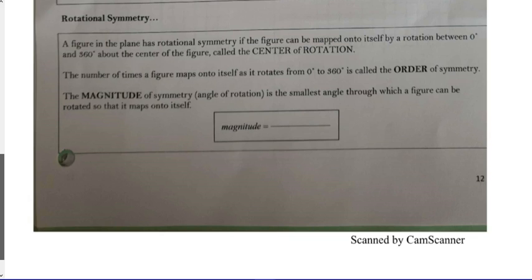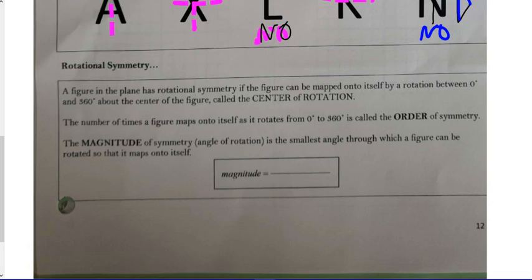So how many times can you rotate it is the order. The magnitude, or the angle of rotation, is the smallest angle through which a figure can be rotated so it maps onto itself. To calculate the magnitude, you take 360 and divide it by the order number.